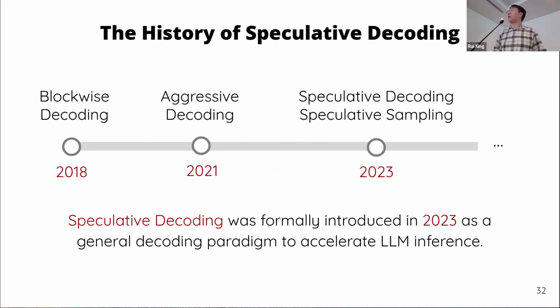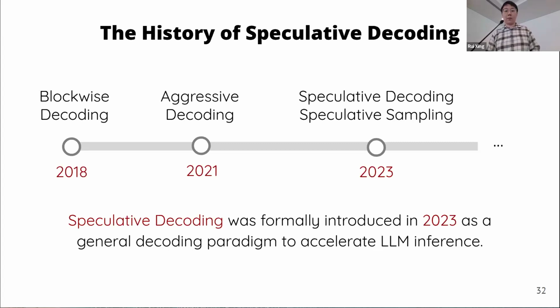Okay, so first let's talk about the history of speculative decoding. As you can see in the timeline, blockwise decoding first established a framework for speculative decoding in 2018. Then appeared the method of aggressive decoding in 2021. And then in 2023, speculative decoding and speculative sampling.